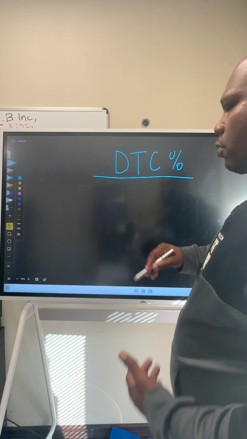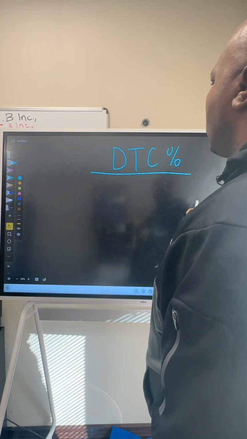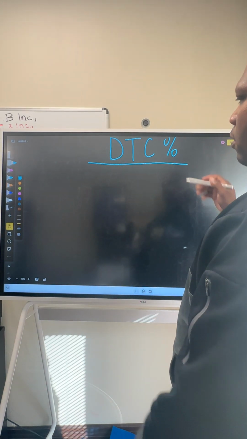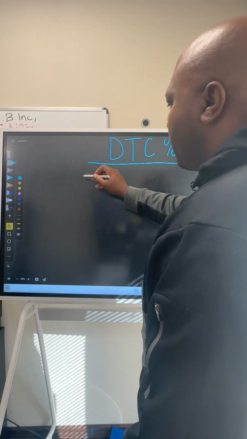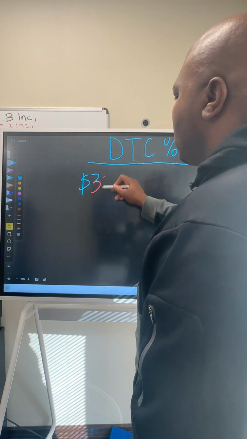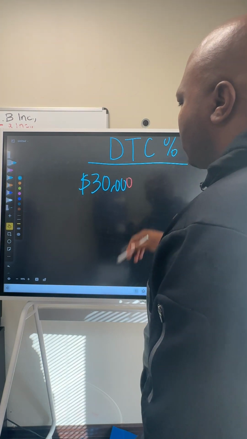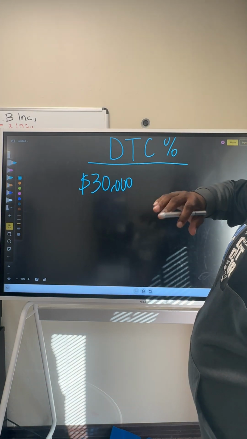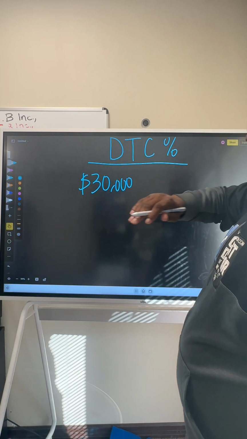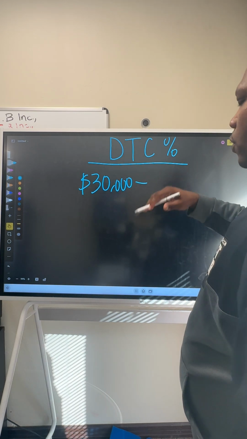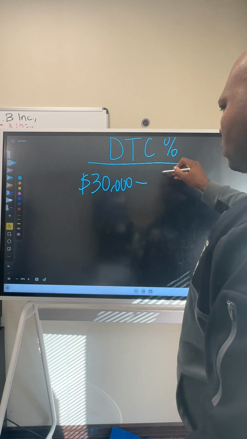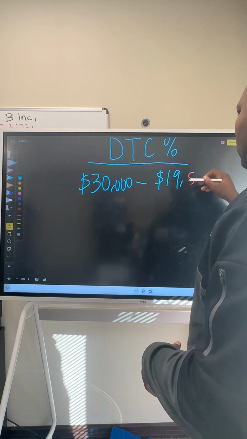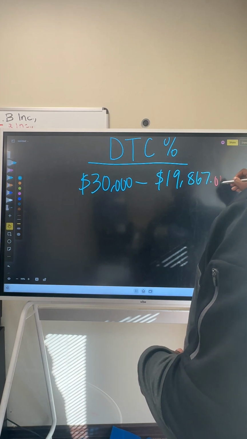So to start off, let's just say for an example, we're going to have a lot of lines going back and forth. Let's use 30,000 for an example. So we have a $30,000 installment loan. This can be a student loan, a car, or a signature loan. Let's keep the cents.